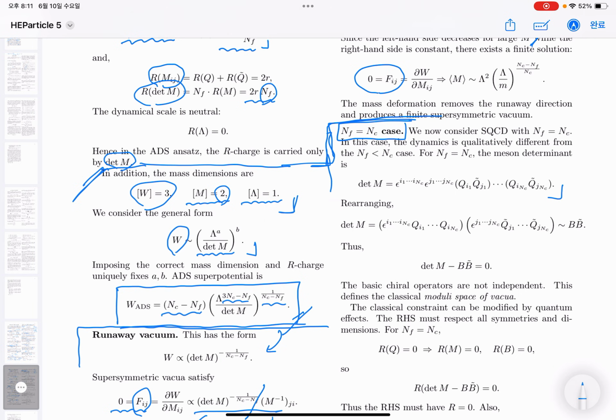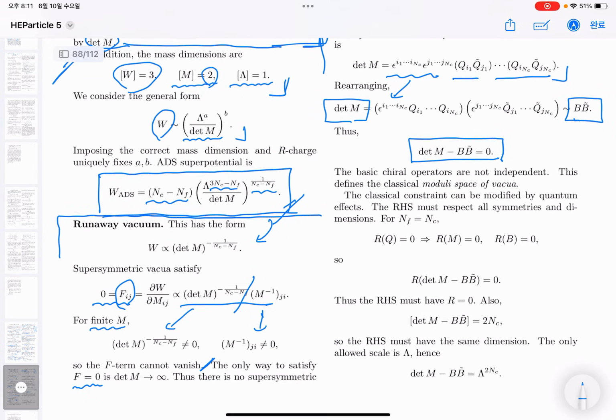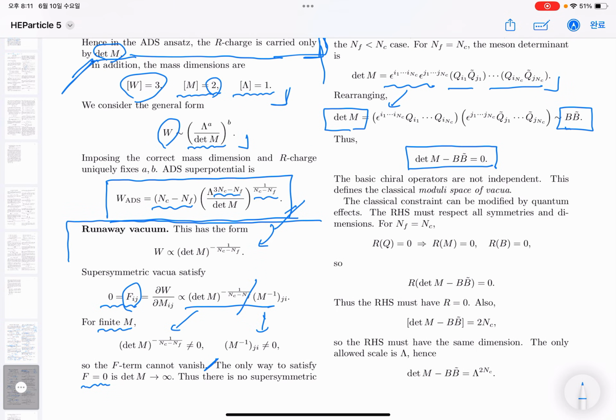This is just linear algebra, and by rearranging each antisymmetric symbol and the quark and the antiquark, the determinant of the meson operator is just given by the multiplication of the baryon and the antibaryon. So this gives a very strong condition between the mesons and the baryon operators. Now the meson and the baryon operators are not independent, and this defines a specific parameter space, which is called the moduli space of vacua.